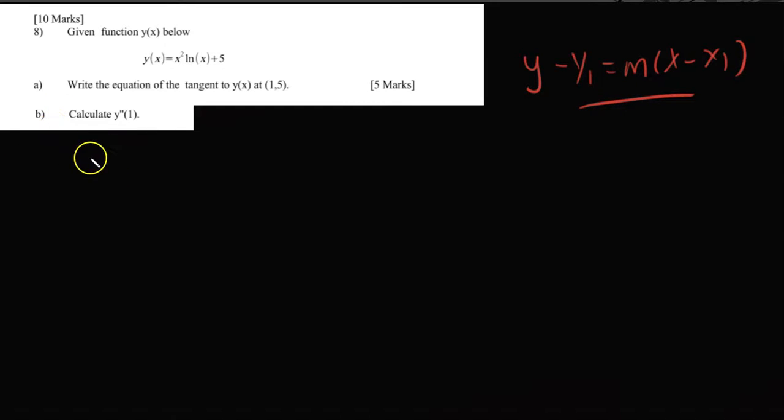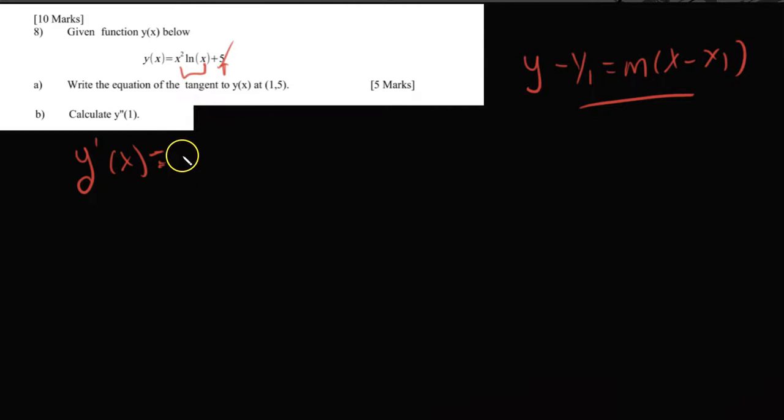So you guessed it, take the derivative as always. That's the whole point of this course. So this is a product rule, x squared times ln of x, and this is a constant, and it will go to 0. So product rule, derivative of the first times the second plus the first times the derivative of the second.